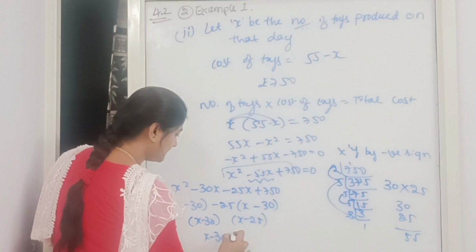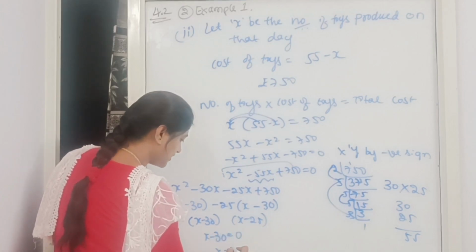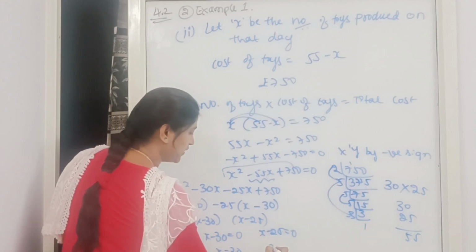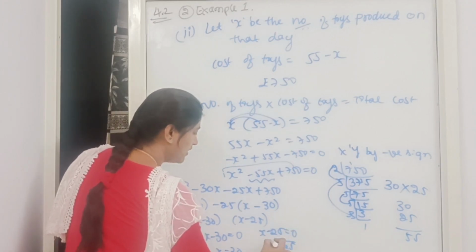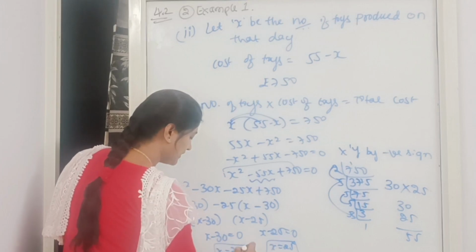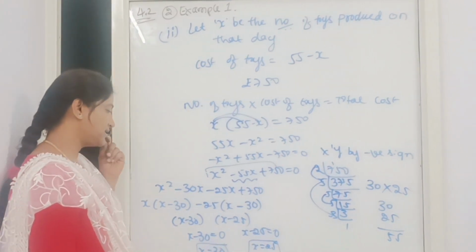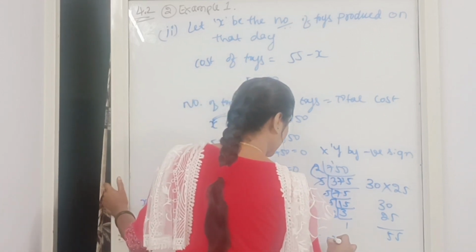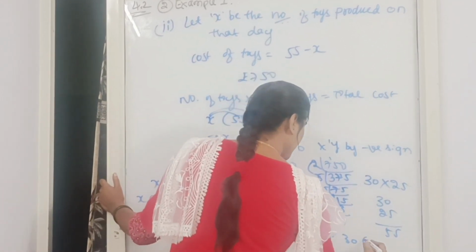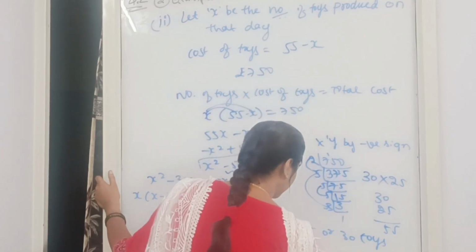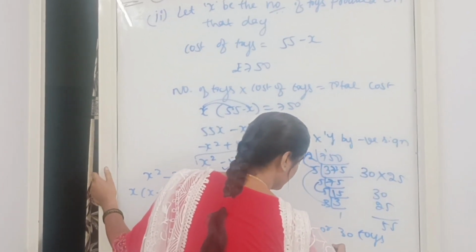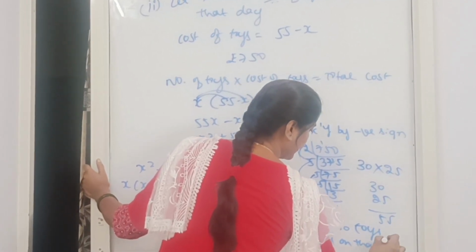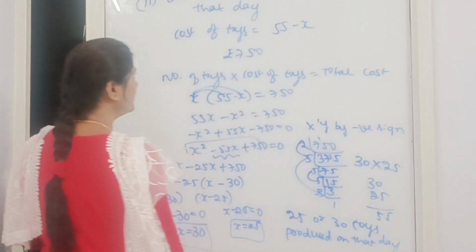Equate to 0, x is equal to 30. X minus 25 is equal to 0 and x is equal to 25. So what is the number of toys produced on that day? So 25 or 30 toys produced on that day, okay. Clear?